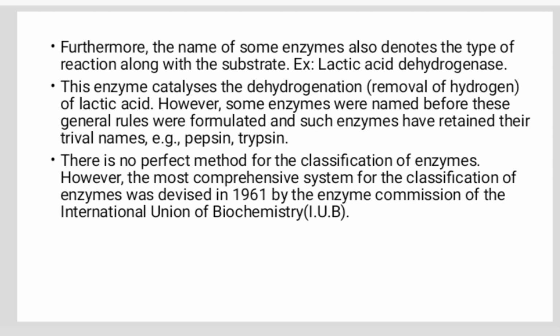Some enzymes were named before these general rules were formulated. Such enzymes have retained their trivial names, like pepsin and trypsin. So there is no perfect method for the classification of enzymes. In 1961, the Enzyme Commission of the International Union of Biochemistry introduced a classification of enzymes.